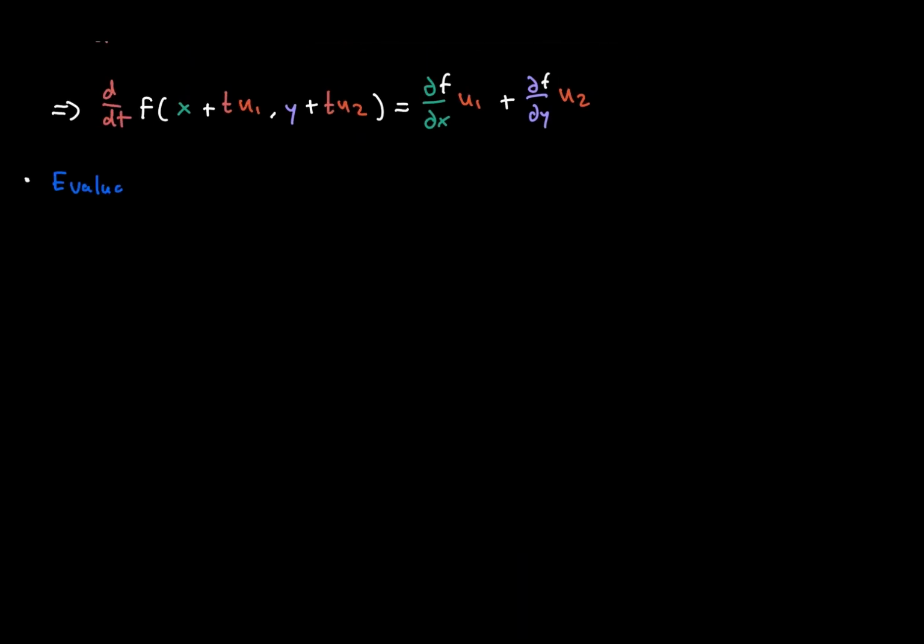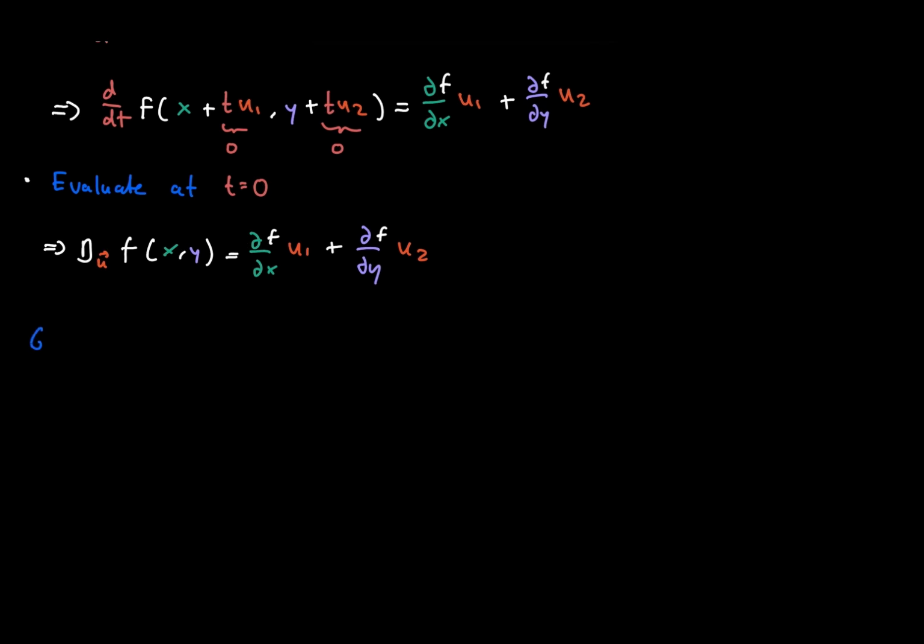Now we evaluate this at t equals 0. So we get the directional derivative at (x, y) equals partial f with respect to x at (x, y) times u1 plus partial f with respect to y at (x, y) times u2.